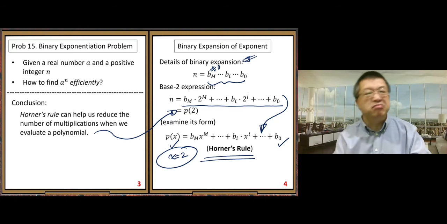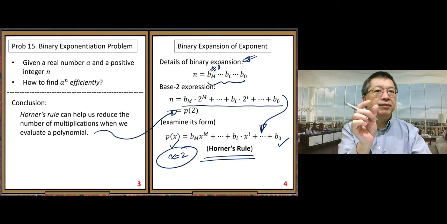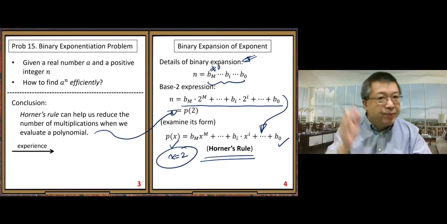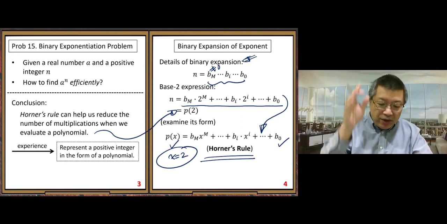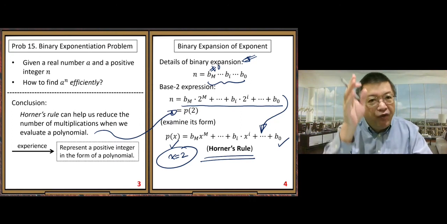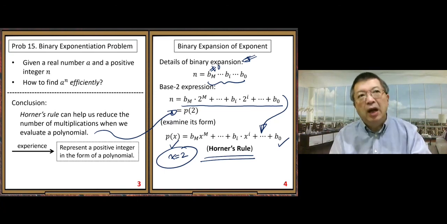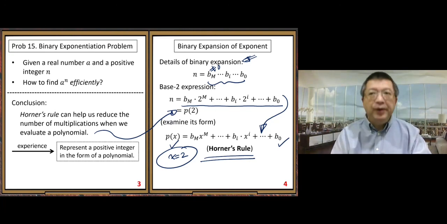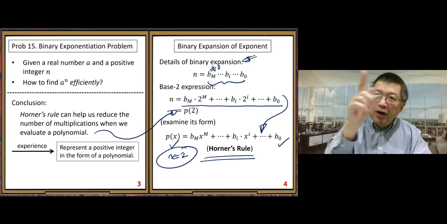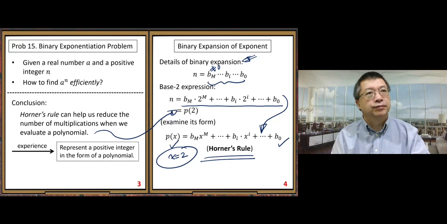So we change our view here. By our experience, we can represent a positive integer in the form of a polynomial, p of 2, at a special value 2. We're only interested in the polynomial at a special value 2. Much simpler.